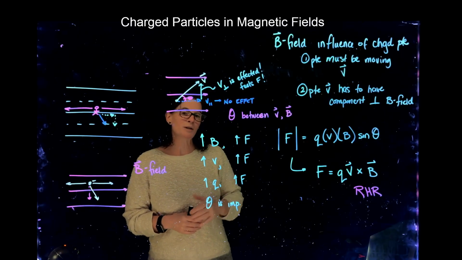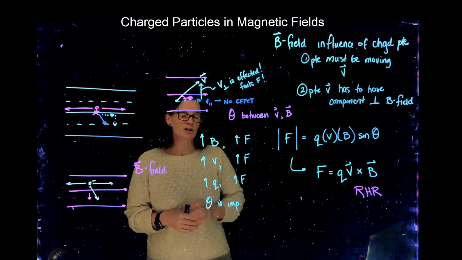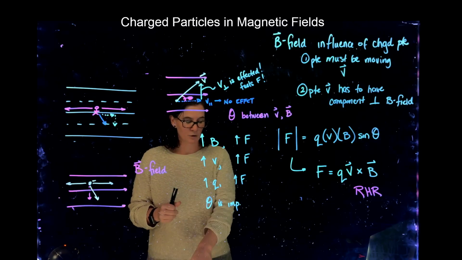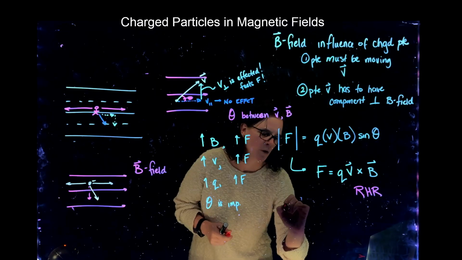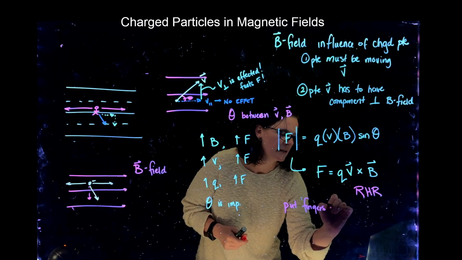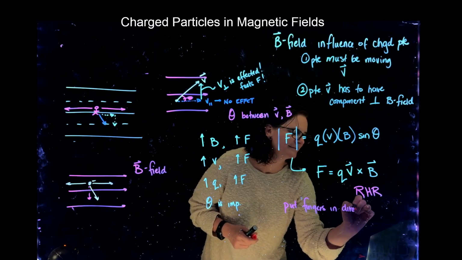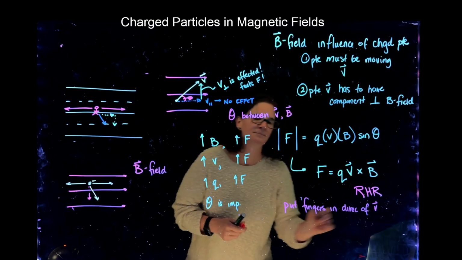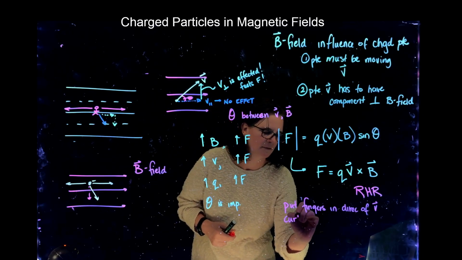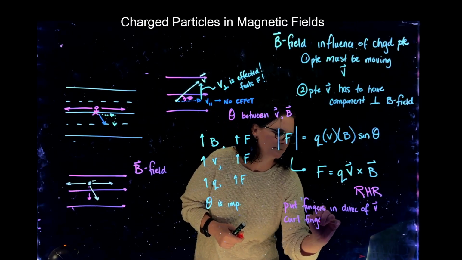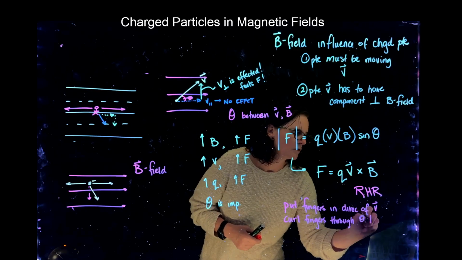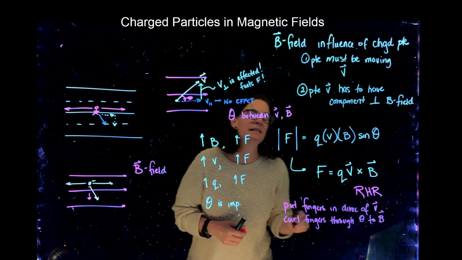The right-hand rule tells us, in this usage, to use your right hand. You put your fingers in the direction of the velocity. You curl your fingers through the angle to B, the magnetic field.